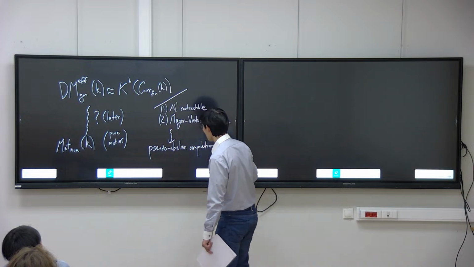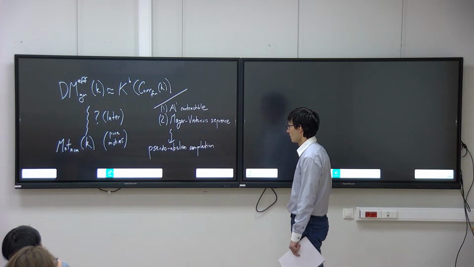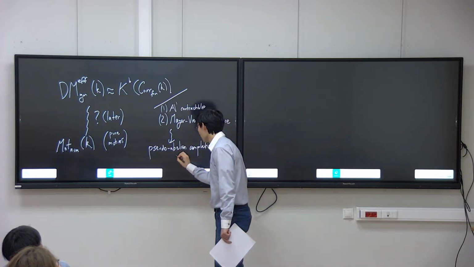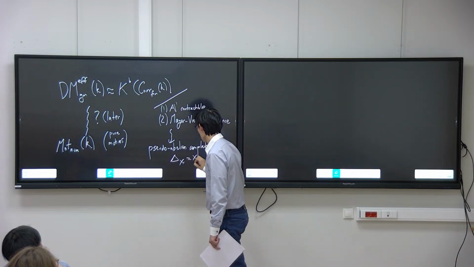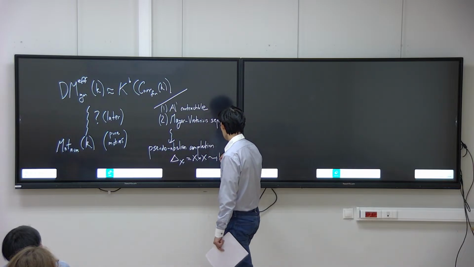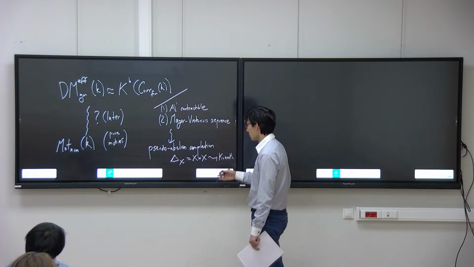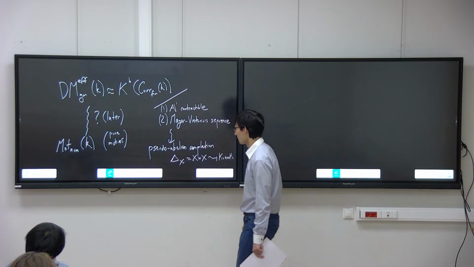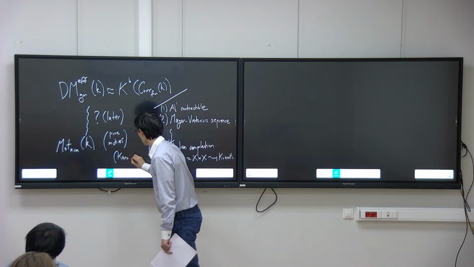And again, we do that because we want to split the diagonal divisor and to get maybe some Künneth thing. So there is a reason why we do pseudo-abelian completion, or in the literature it's also called Karoubian completion.